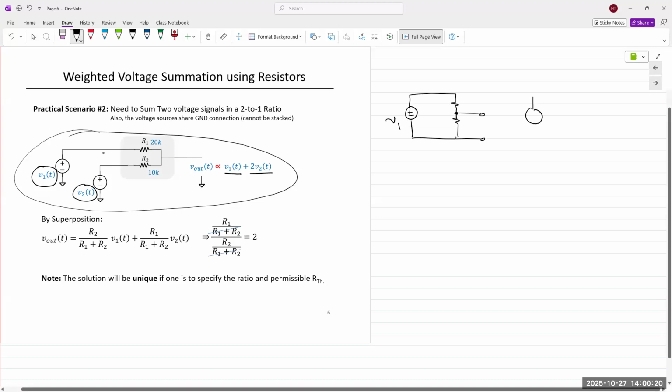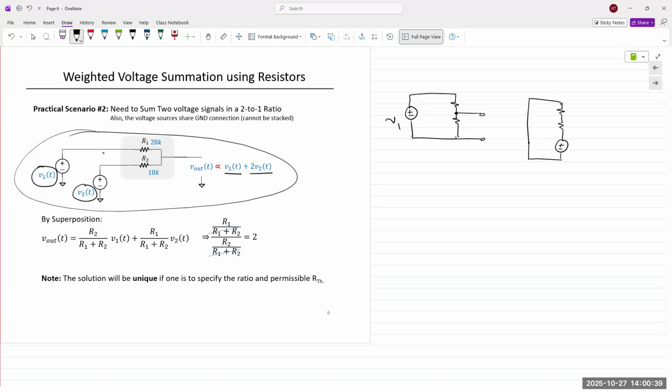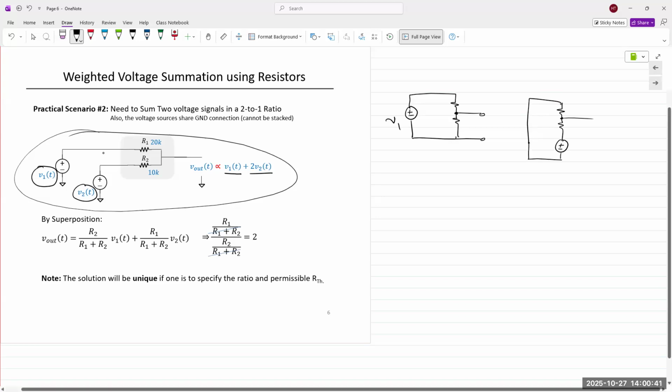If you do V2, again, the same thing. But now, R1 is connected to ground. And you're taking the output across here. Okay.